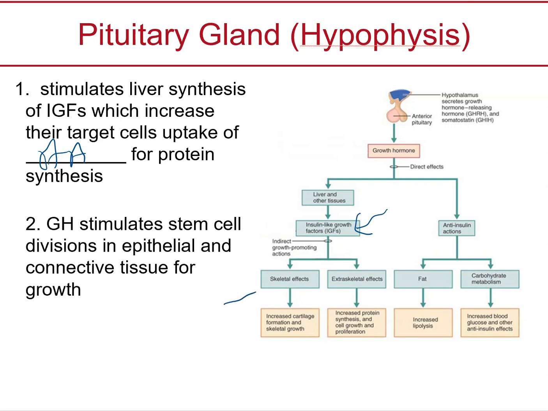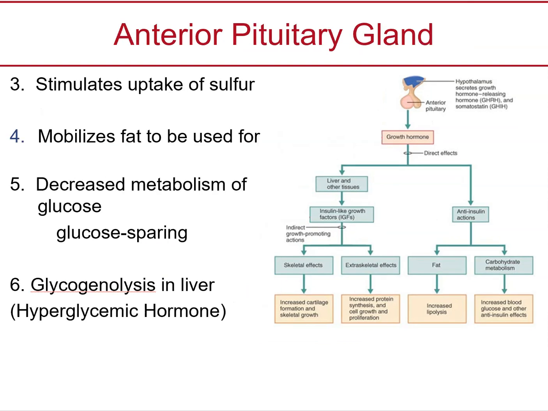Mitosis. So we know it affects our bones and our muscles. So it also causes stem cell divisions in our epithelial and connective tissue because as your bones and muscle are growing, your tendons and your ligaments and your cartilage also need to increase in size to support that. We know that it increases uptake of sulfur. Cartilage needs sulfur in order to make more cartilage.